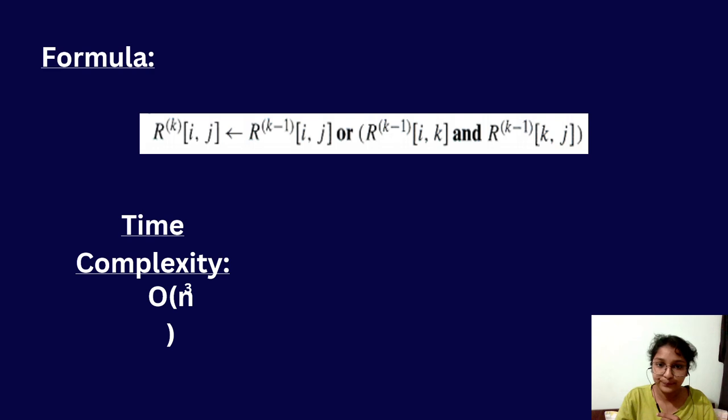So this is the formula we use to understand Warshall's algorithm. The time complexity will be big O of n cube because we are entering the loop thrice. Simply said.